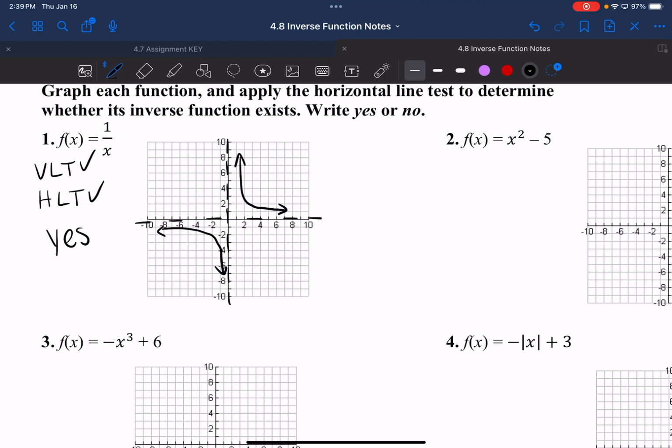This takes like a whole year to do, like a unit over each one of these functions.